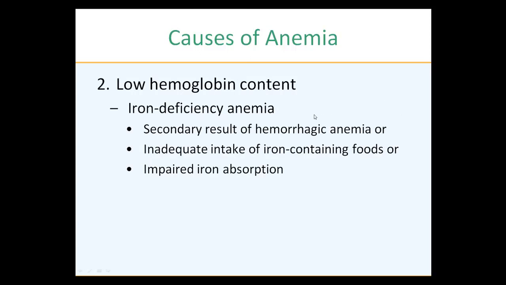So all of these will contribute to a kind of anemia whose main reason is insufficient erythrocytes. Now you can have low hemoglobin, whether in the protein part or the iron part, which mainly is the iron part. Iron deficiency anemia can result secondarily from hemorrhage, or you're not taking enough iron-containing food, or you have impaired iron absorption, like when you lack the intrinsic factor, which is supposed to be made in the stomach.